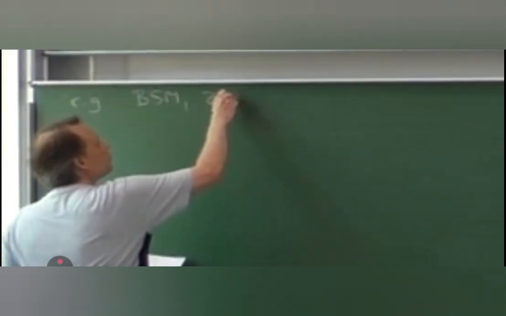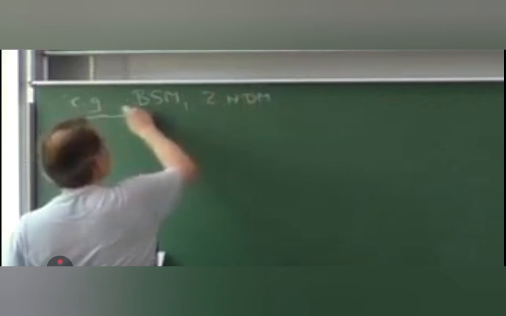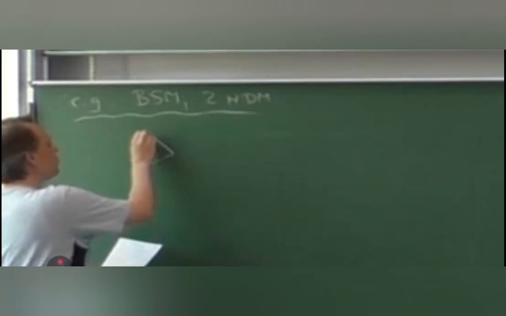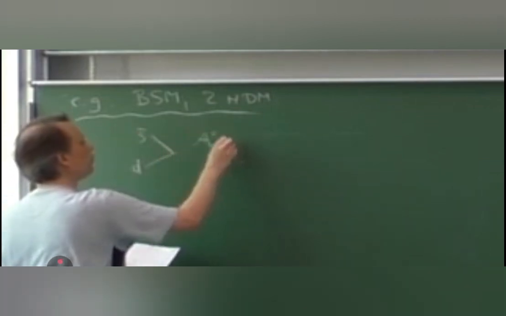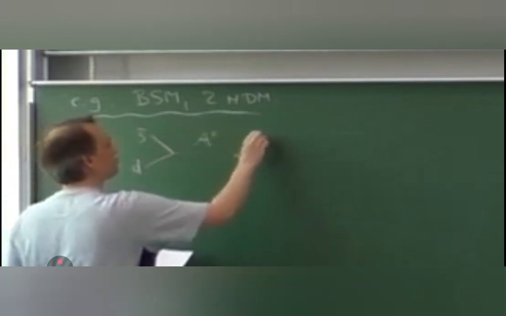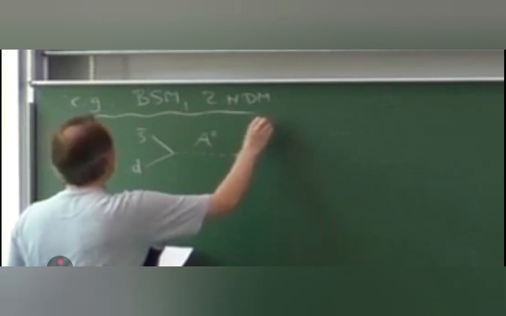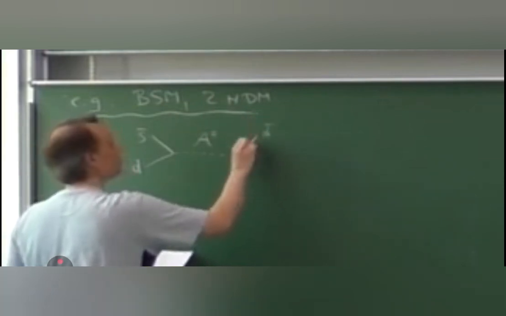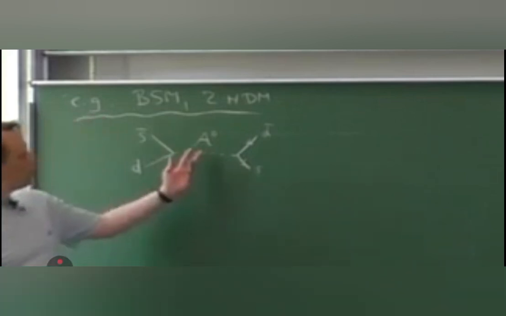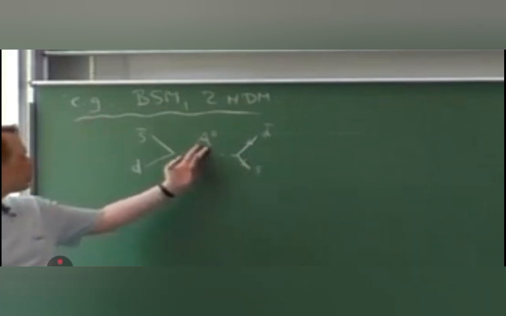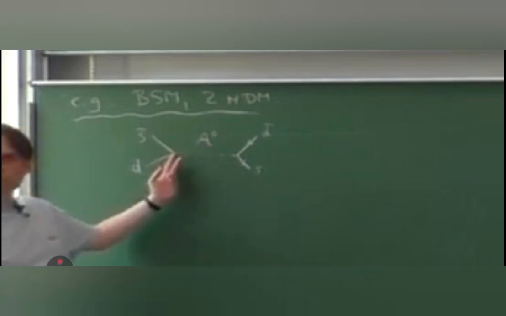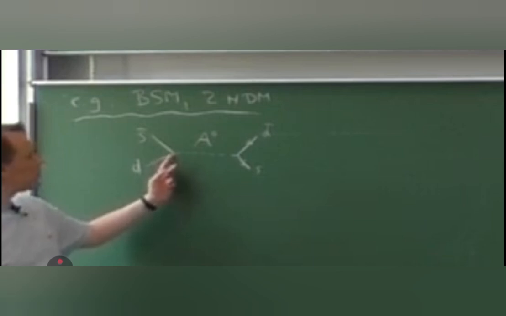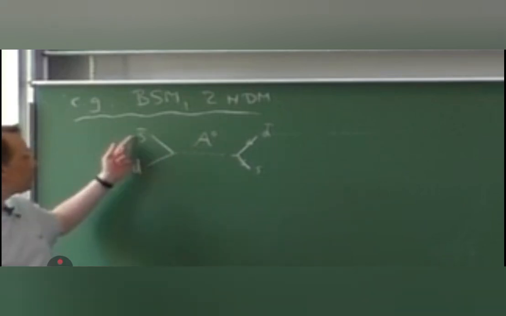For example, beyond the standard model, there is the 2 Higgs doublet model, where you could have, for example, this Feynman diagram, strange quark, down quark, then a new Higgs boson, D, R, and S. And then if you have this new Higgs boson coming from the 2 Higgs doublet model, this has or can have tree-level flavor changing neutral currents. And then there might be simply those Feynman rules where the Higgs couples to down and strange quark immediately.